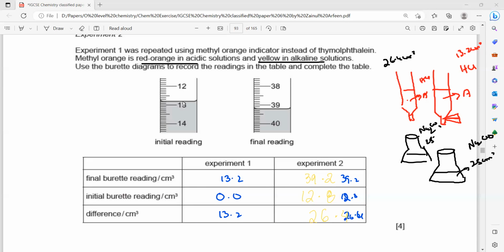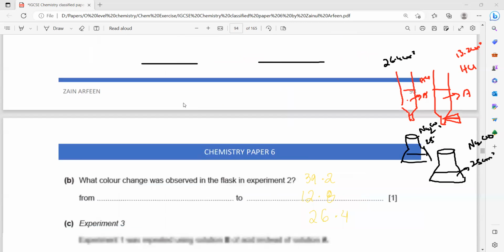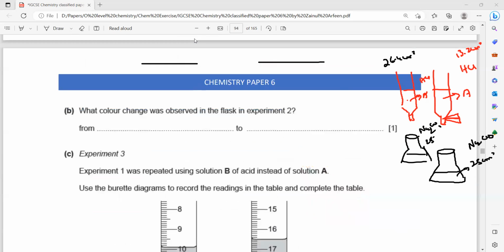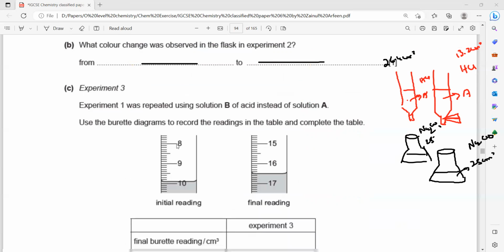So it will be orange, or red-orange. The starting color is yellow, and the final color is orange or red-orange. Both are acceptable.